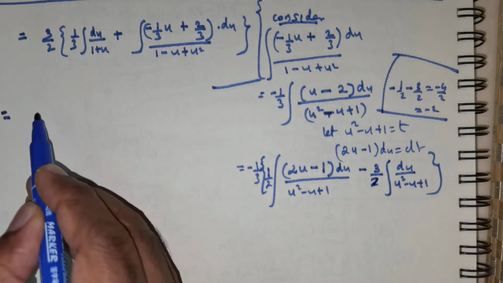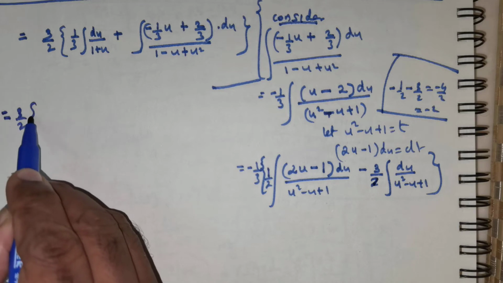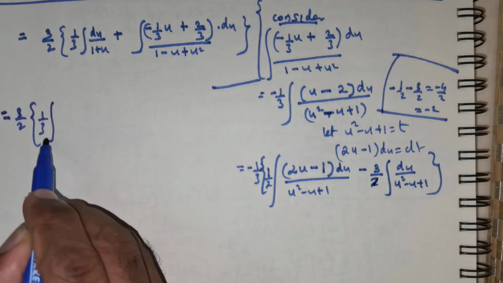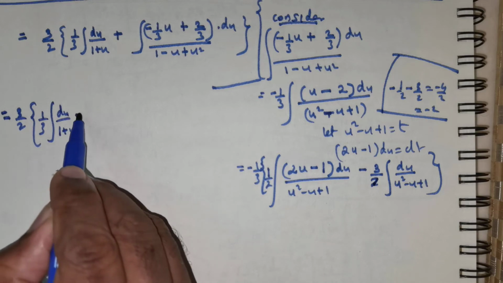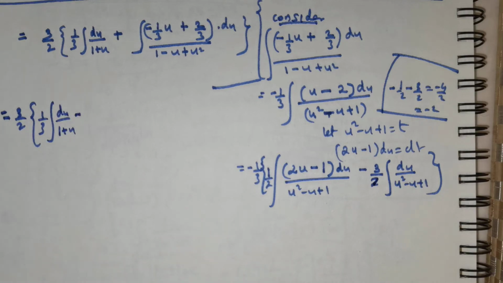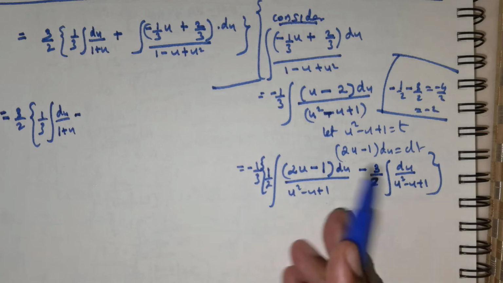So this is equal to 3 over 2, 1 over 3 integral du over 1 positive u, followed by, I have actually taken negative 1 over 3 out.